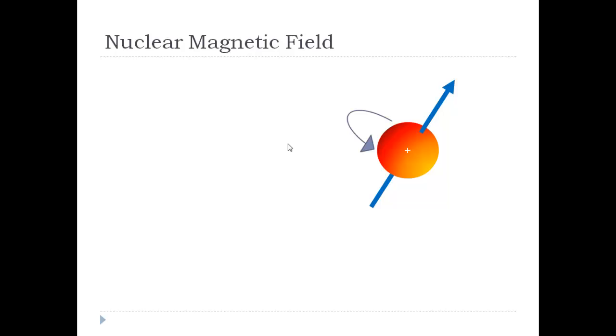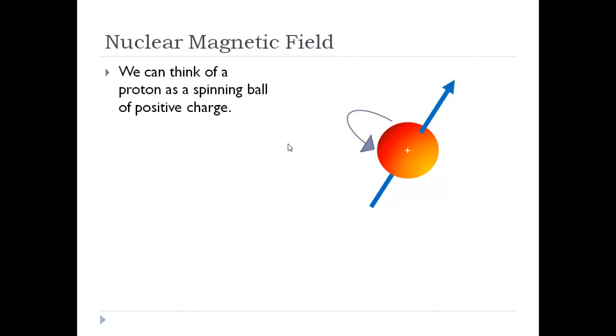So the first point that we need to make that we haven't discussed at all yet in any of our topics is that nuclei have a magnetic field. And this has been conceptualized in quantum physics as being due to a property called spin.